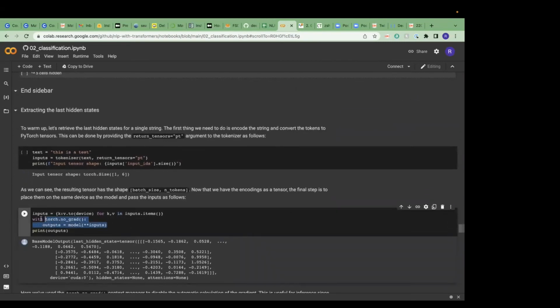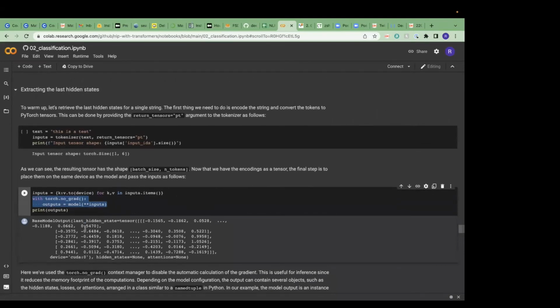So this is what it's doing. It's using torch.no_grad, meaning it's explicitly telling Torch not to do backpropagation on the feature extractor, on the encoder. And then it prints the output.